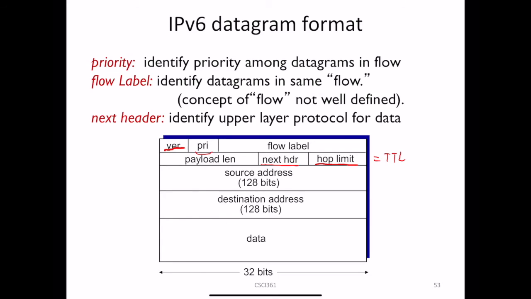And for the IP addresses, the source IP address and the destination IP address in the IPv6 version, each one will occupy 128 bits, this much of long. And the final part is the real data. And the payload length will be indicated by this field.